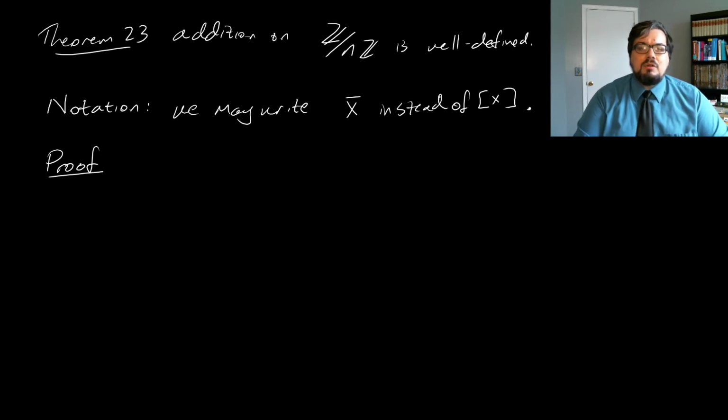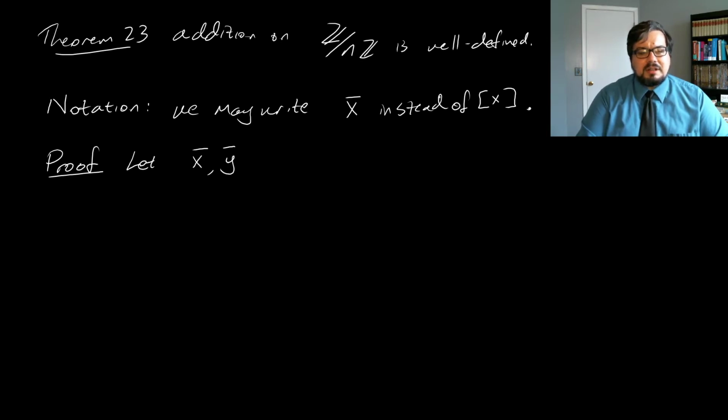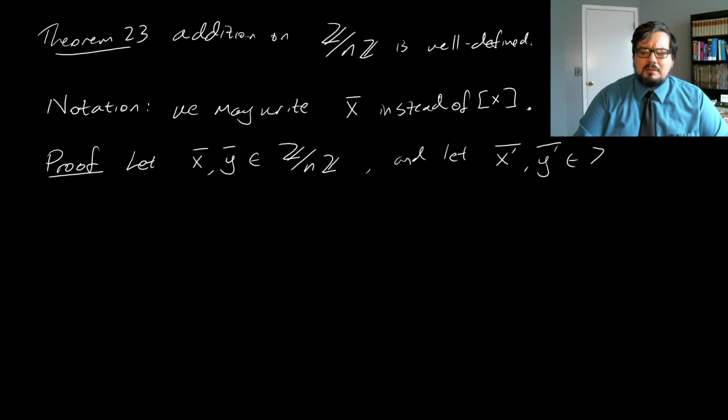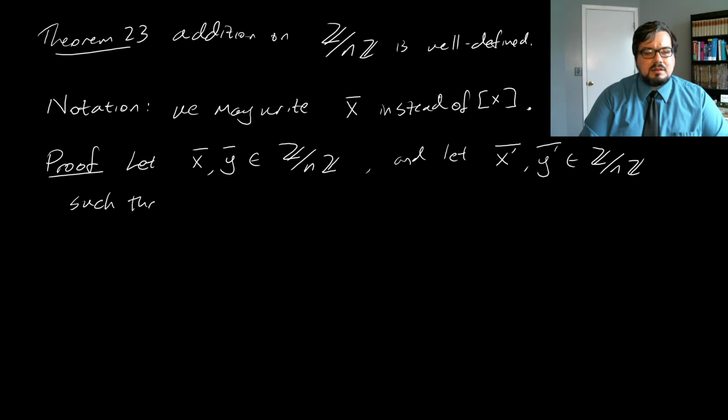So here's how proving well-definedness of addition has to go. First of all, we're going to take two things in Z mod nZ, so I'll call them x bar and y bar, and let x prime bar and y prime bar be in Z mod nZ such that x prime bar equals x bar and y prime bar equals y bar.